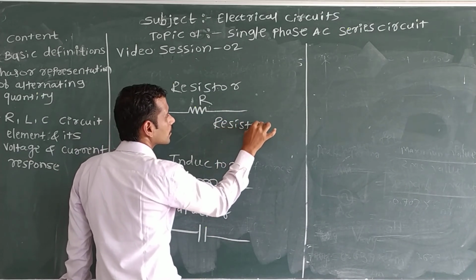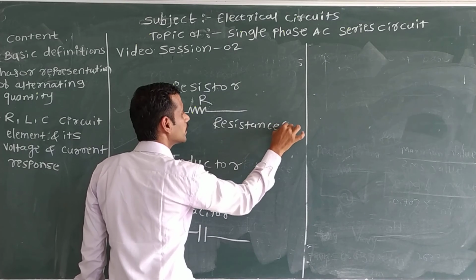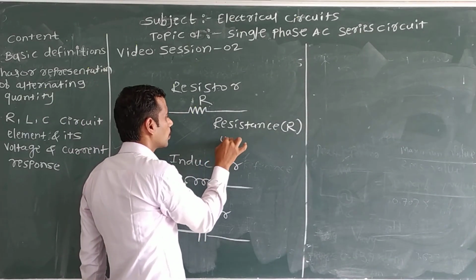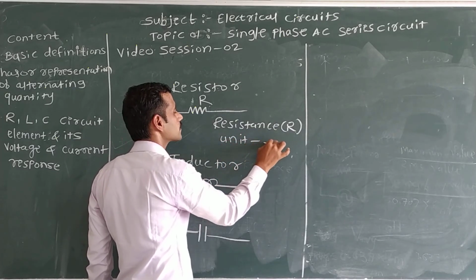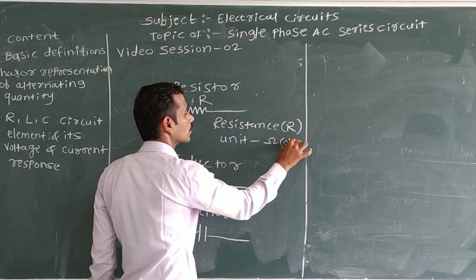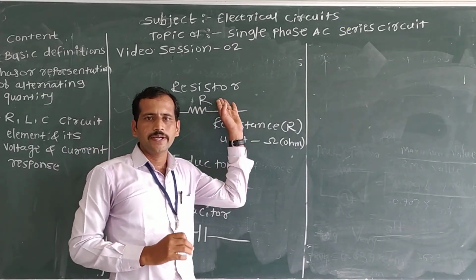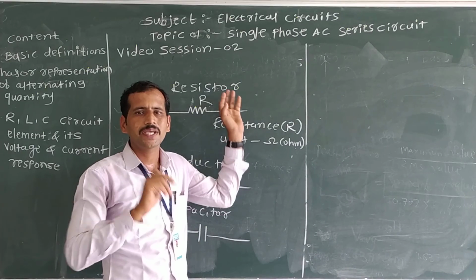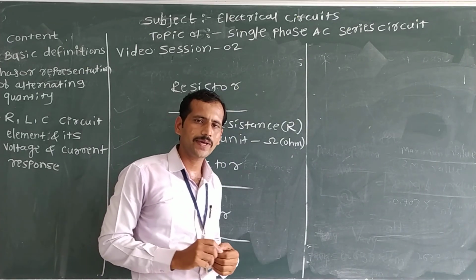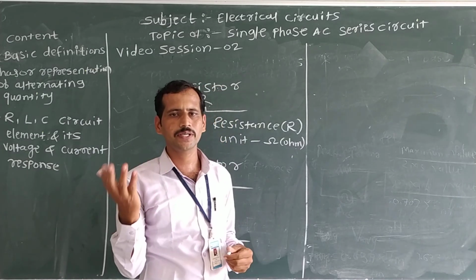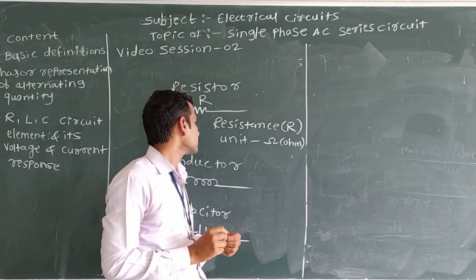Generally it is denoted by R and its unit is ohm. So what is the function of a resistor? It converts electrical energy into heat energy. For example, a heater: we give supply, and that electricity is converted into heat.